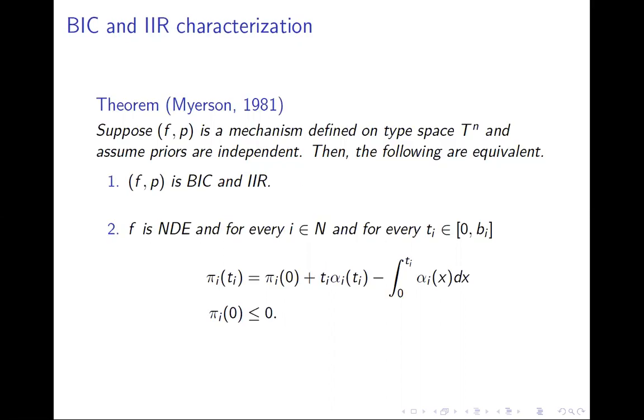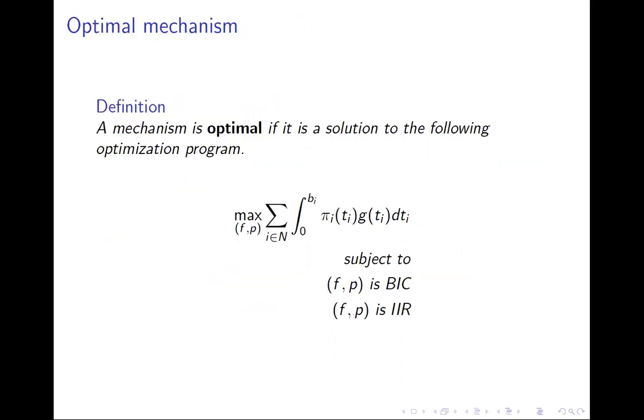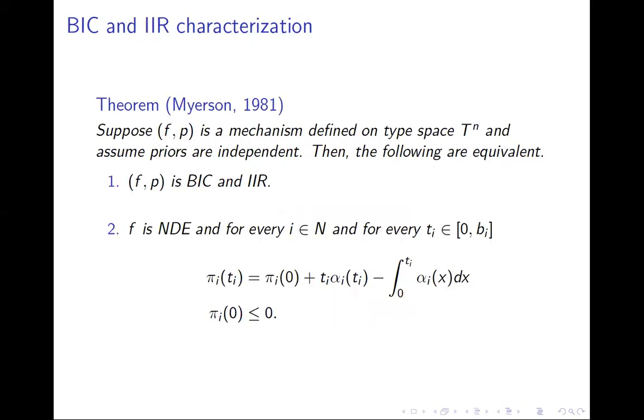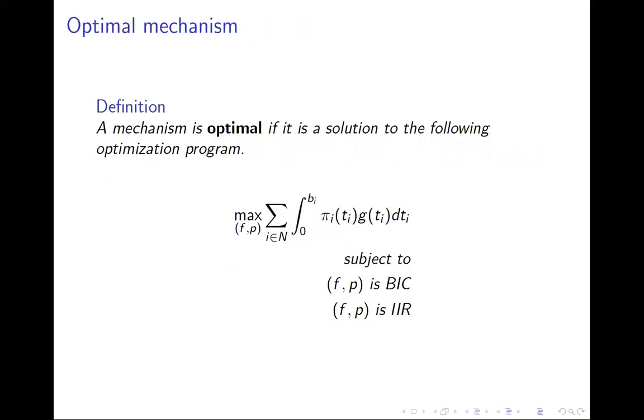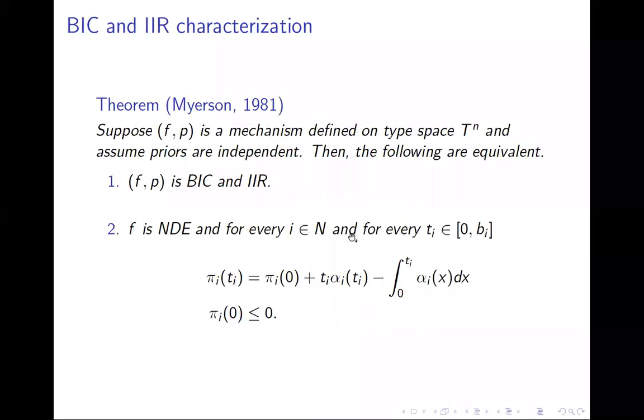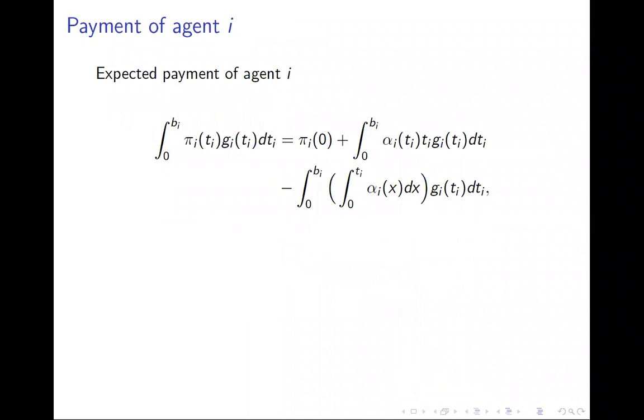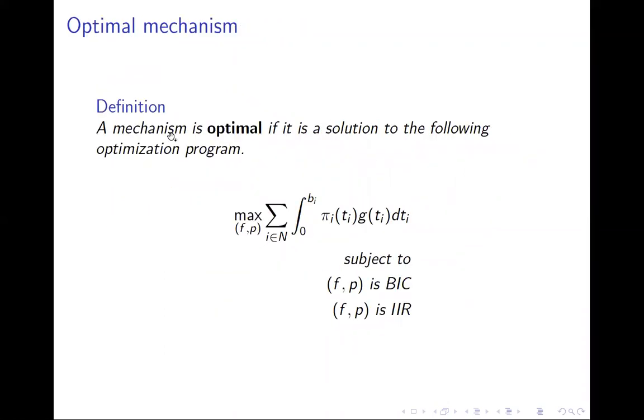So what I'm going to do is use this result to show you how we can simplify the objective function. Remember the objective function has a pi_i(t_i) term, and we know that pi_i(t_i) is equal to this for any BIC and IIR mechanism. So we can always substitute and replace it. Instead of taking this summation, I'm just taking the bidder i's expected revenue term.